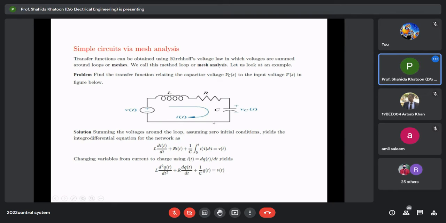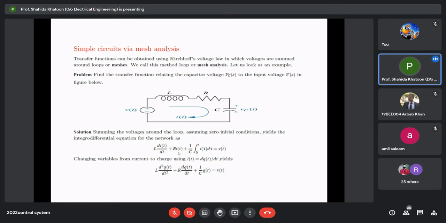Okay, now if you want to relate VC(t) and v(t), what you do is change variables from current to charge using i(t) equal to dq(t)/dt, and you can write down this equation in terms of charge. So L d2q(t)/dt2 plus R dq(t)/dt plus 1/C q(t), because i(t) is basically dq(t)/dt, right?